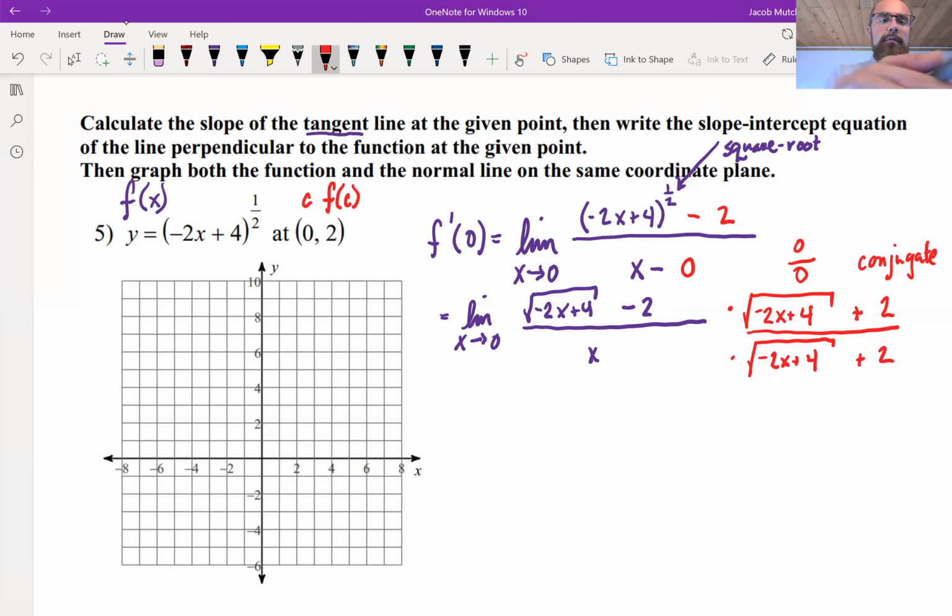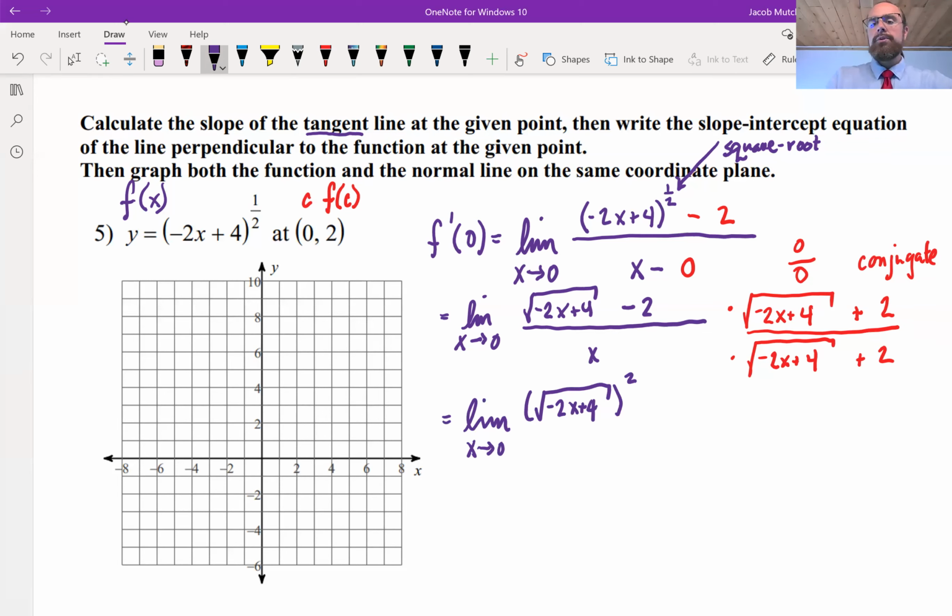So now I want to simplify. We've got to use our FOIL, our double distribution. So our first terms, as we create this equivalent form of this fraction with a radical, is going to be the square root of negative 2x plus 4 times itself. So it's the limit as x approaches 0 of the square root of negative 2x plus 4, and then we could write that as squared.